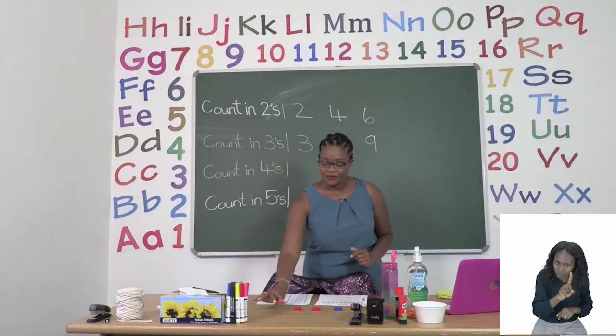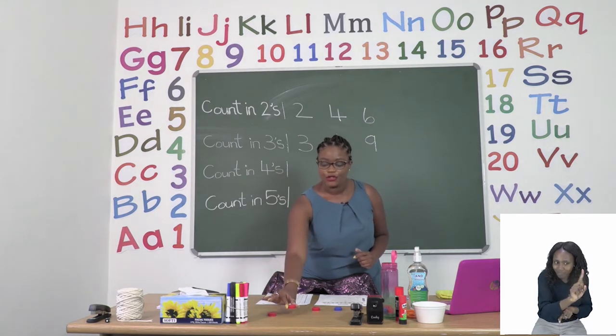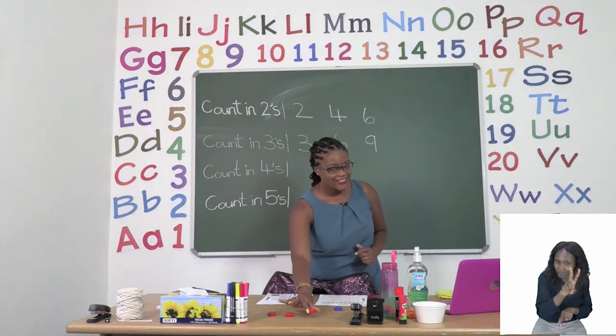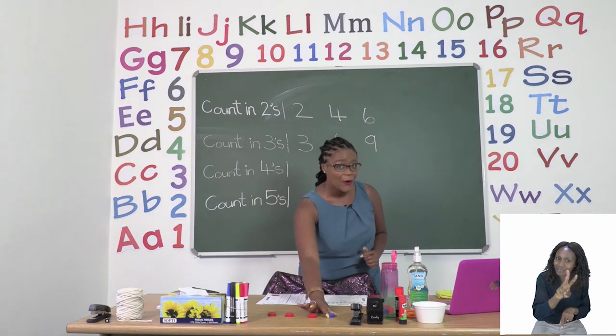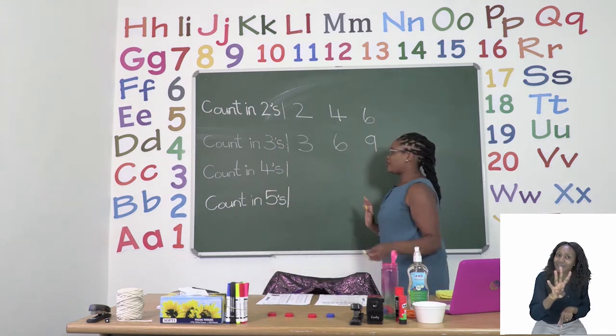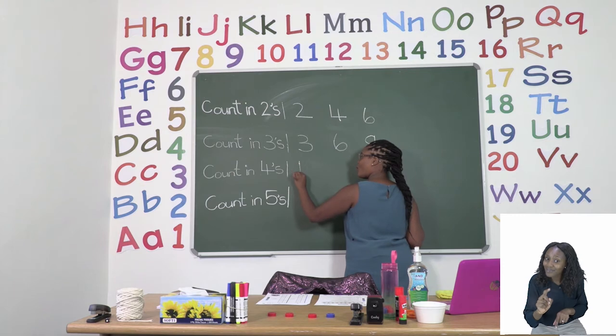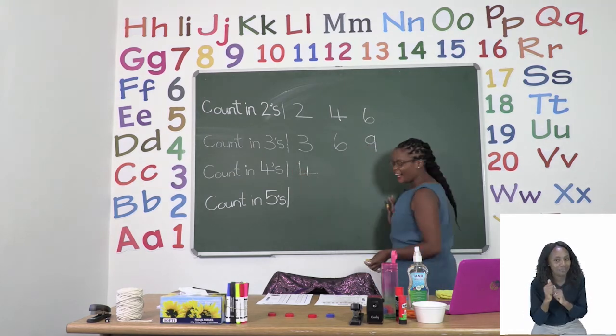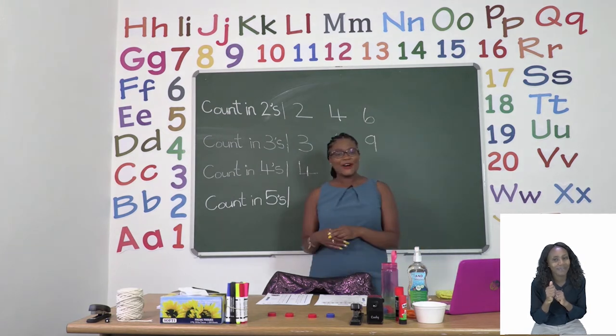Let's go. 1, 2, 3, 4. So we write our number 4. There we go. Oopsies. Let's move on.